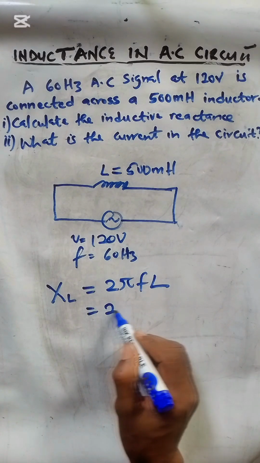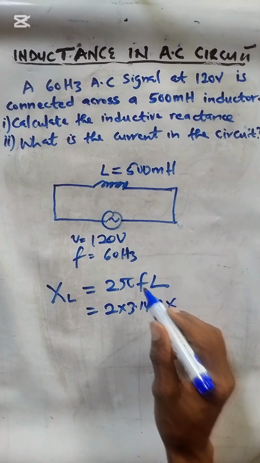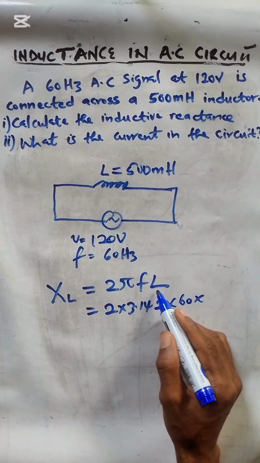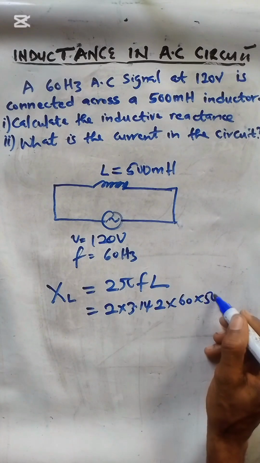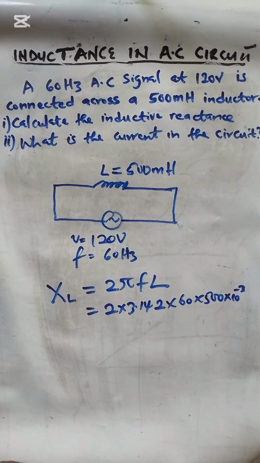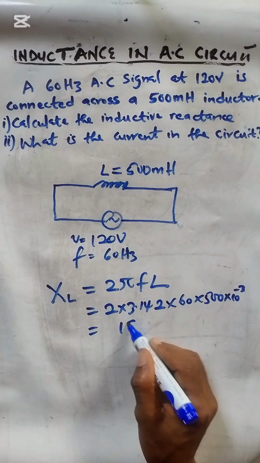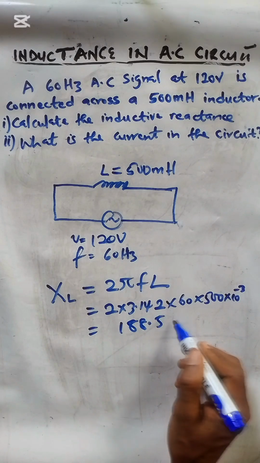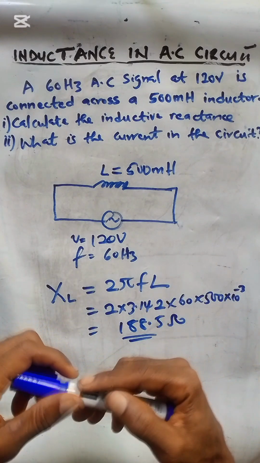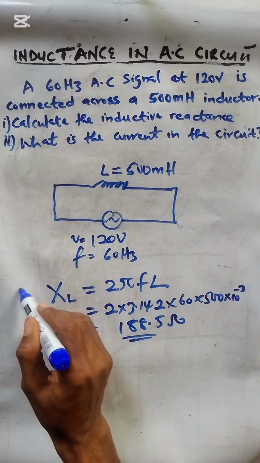So this will give us 2 multiplied by 3.142 multiplied by 60 multiplied by 500 milli. That milli there is to multiply by 10 raised to the power minus 3. Take note of that. When you press your calculator, all these will give you 188.5 ohms. Don't forget, inductive reactance and capacitive reactance are all measured in ohms because they are all resistance. So this is the first part.